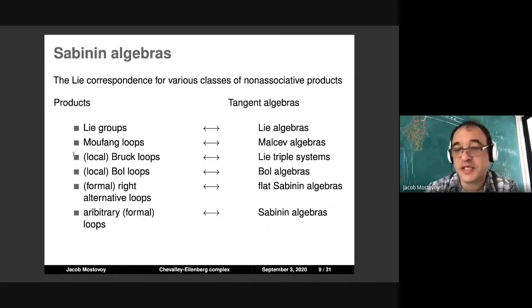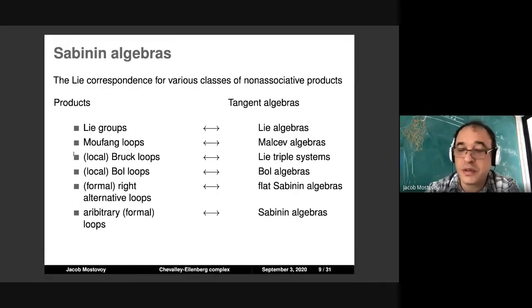So let me talk about Sabinin algebras a little bit more. I already told you how to define the Chevalley-Eilenberg complex for Sabinin algebras. But let me tell you what Sabinin algebras are. Sabinin algebras is a kind of general name for tangent structures to all sorts of non-associative products.